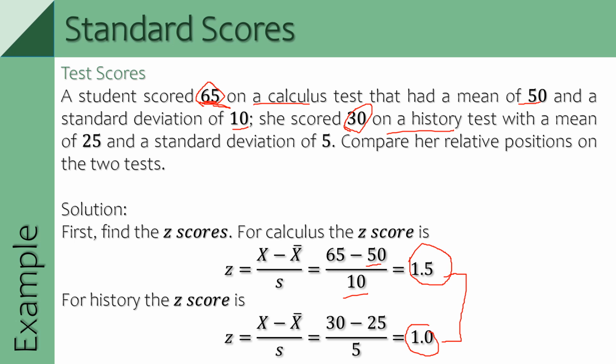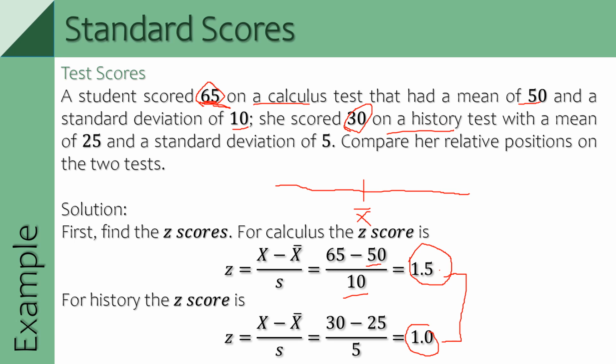Okay, so itong 1.5 to 1.0, they are both positive, so therefore they are in the positive side, or they are above the mean. So if this is our number line, and this is the mean, ito yung x bar natin.